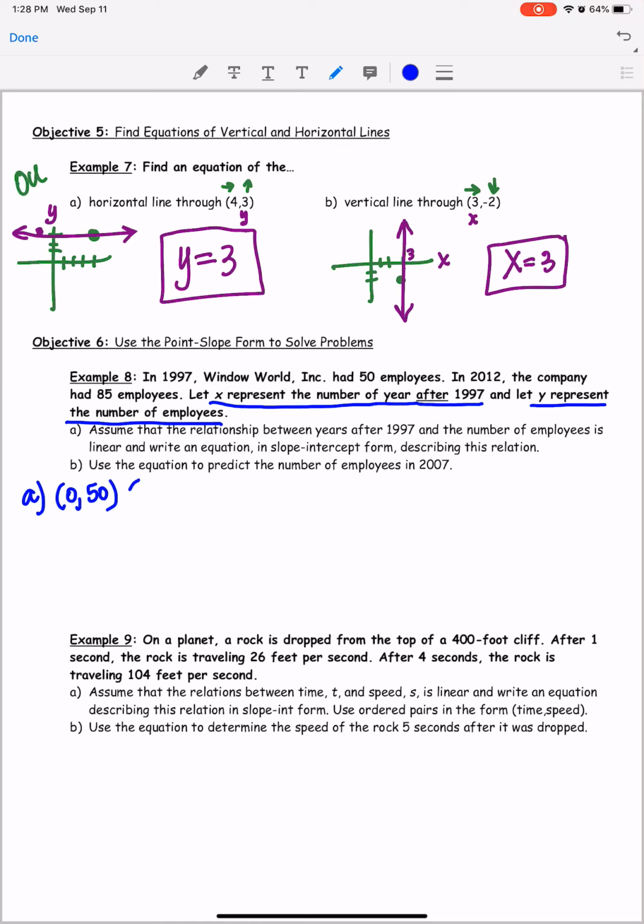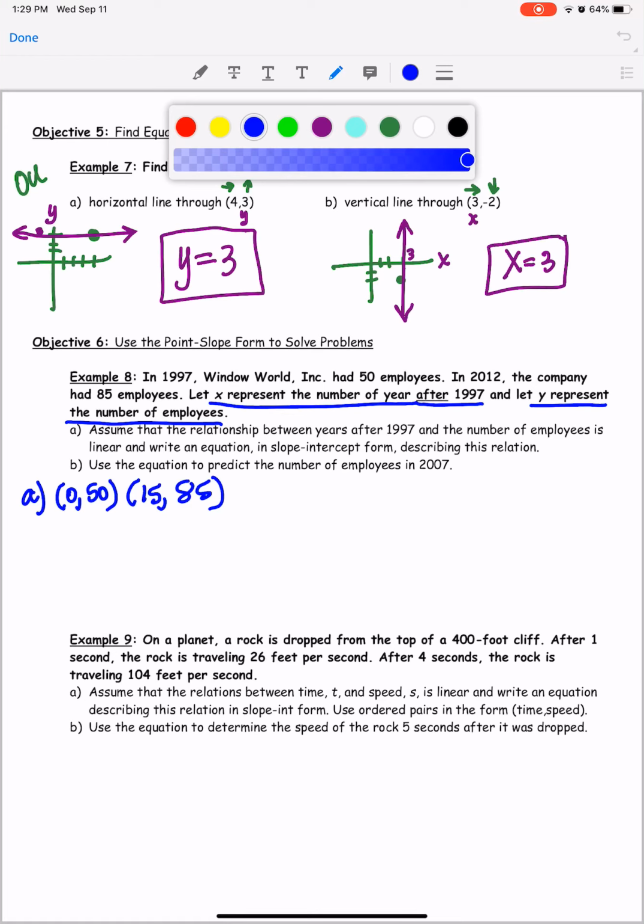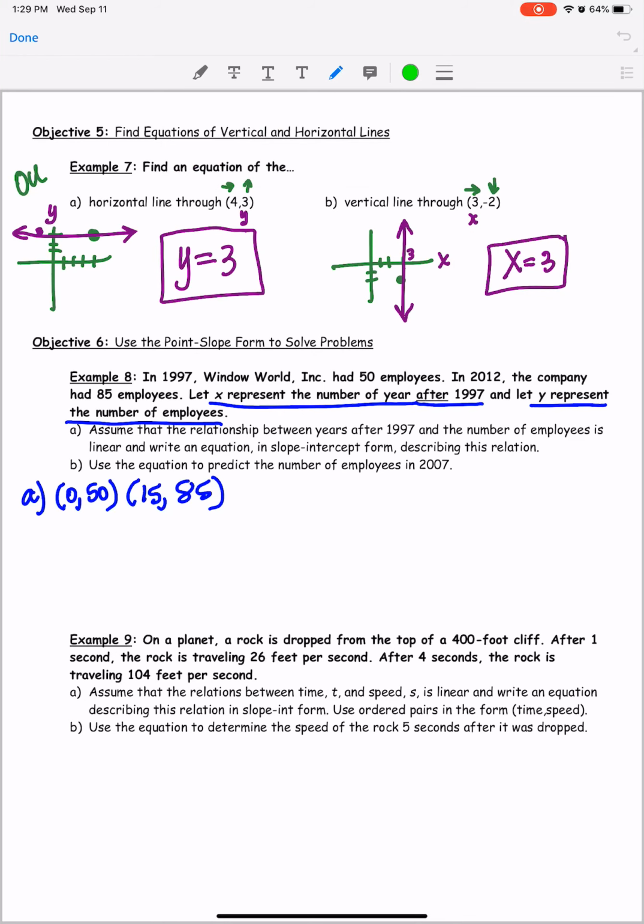So my second ordered pair is 15, 85. Label your ordered pairs, because we've got to find the slope. So this is your x1, y1, x2, y2.